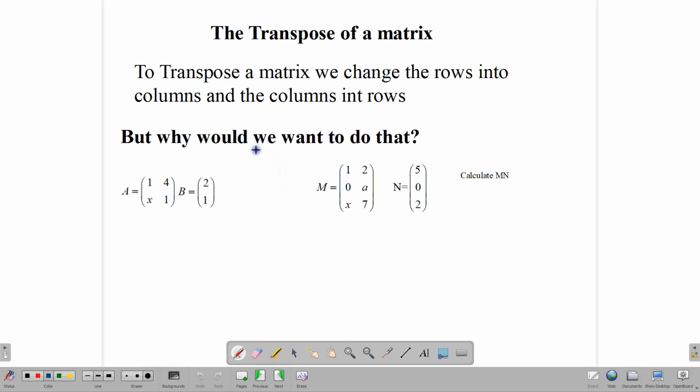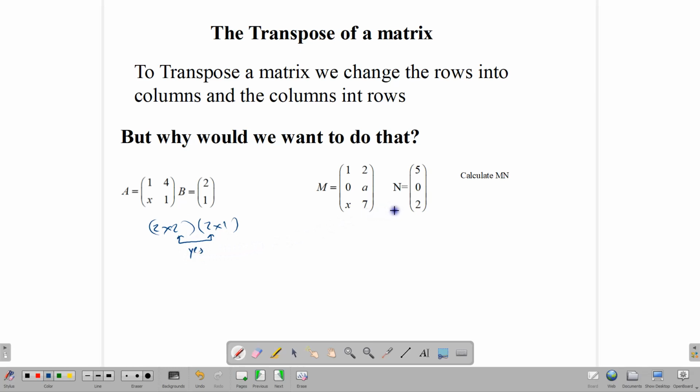Sometimes in trying to multiply matrices, we realize that the order in which the multiplication is stated cannot happen. For example, here we have a 2 by 2 matrix, and here we have a 2 by 1 matrix. This multiplication is possible as it is, because the two numbers on the inside here are the same, so yes, they can be multiplied.